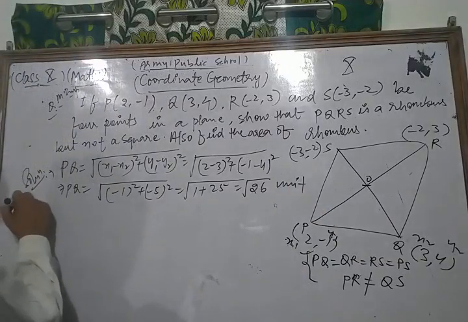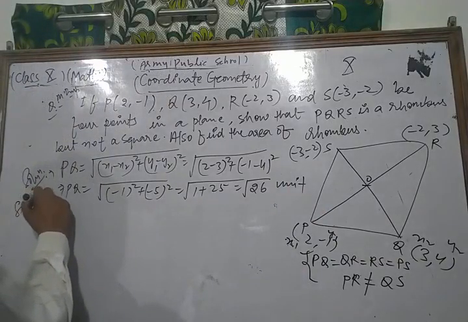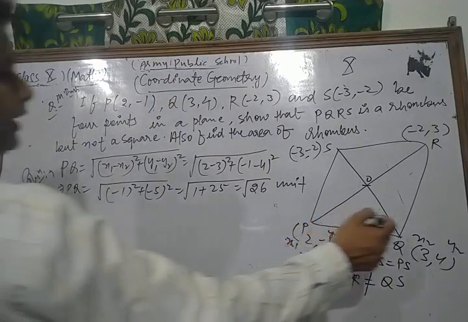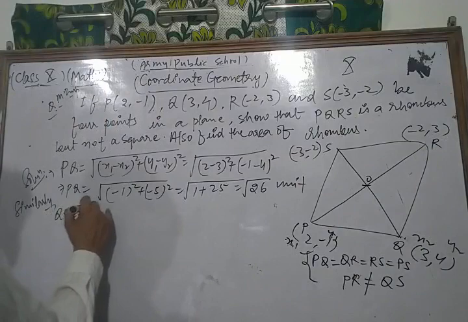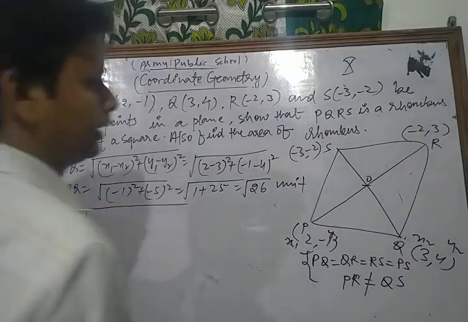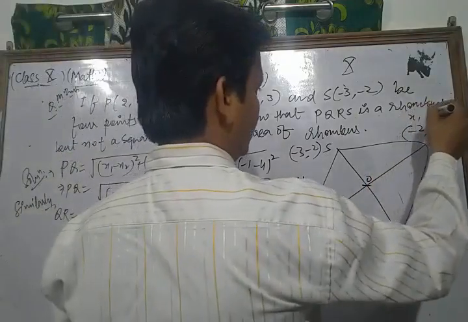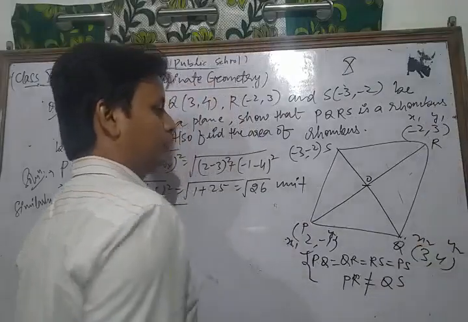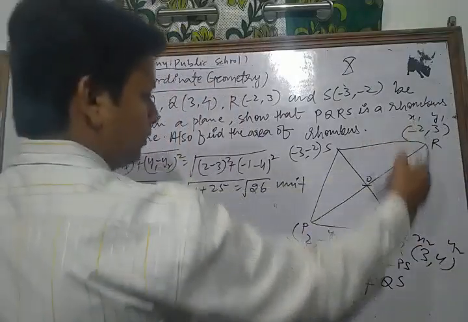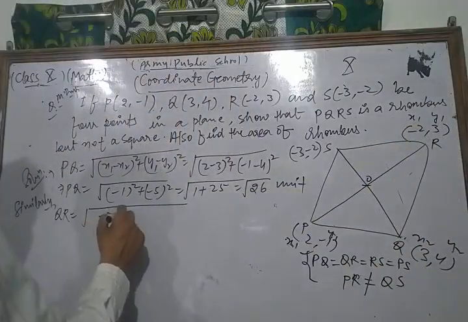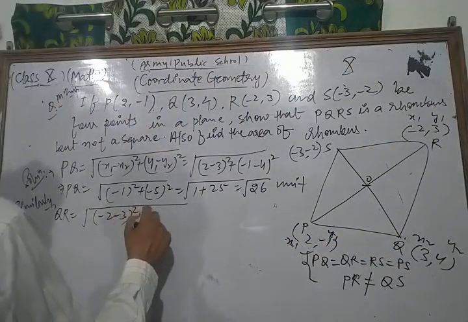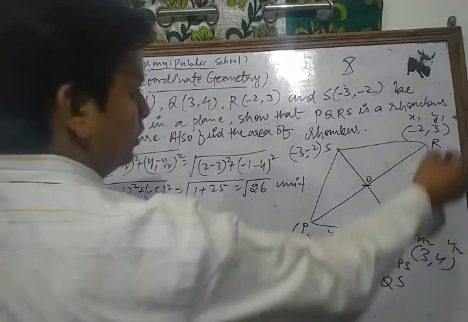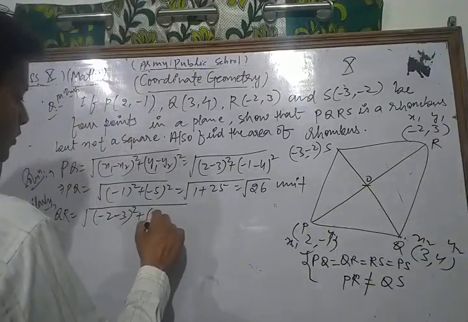Similarly, we find QR. We apply the same formula. Here we take x1 y1 and x2 y2. So we write x1 minus x2 means -2 minus 3 whole square plus y1 minus y2, 3 minus 4.